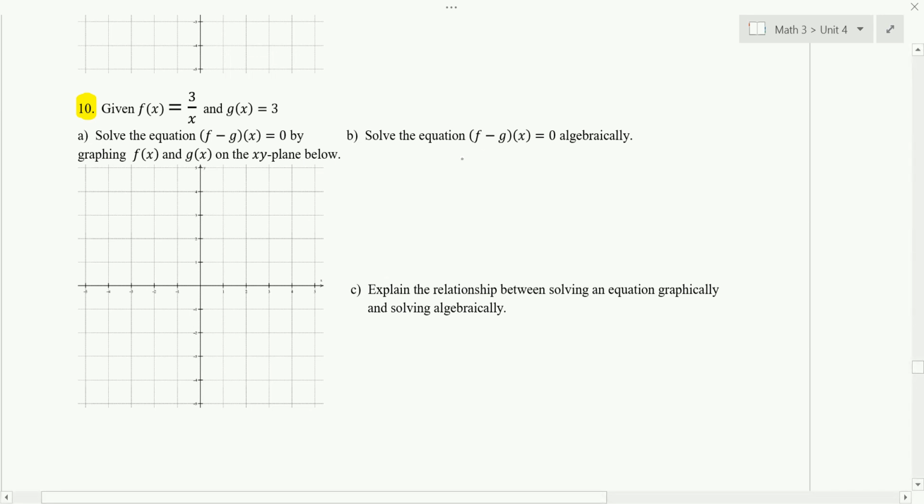So f of x minus g of x, that would be 3 over x, that's your f of x, minus 3 equals 0. I'm going to add 3 to both sides and get 3 over x equals 3. And we can make that 3 over 1, and I'm going to multiply that by x over x.